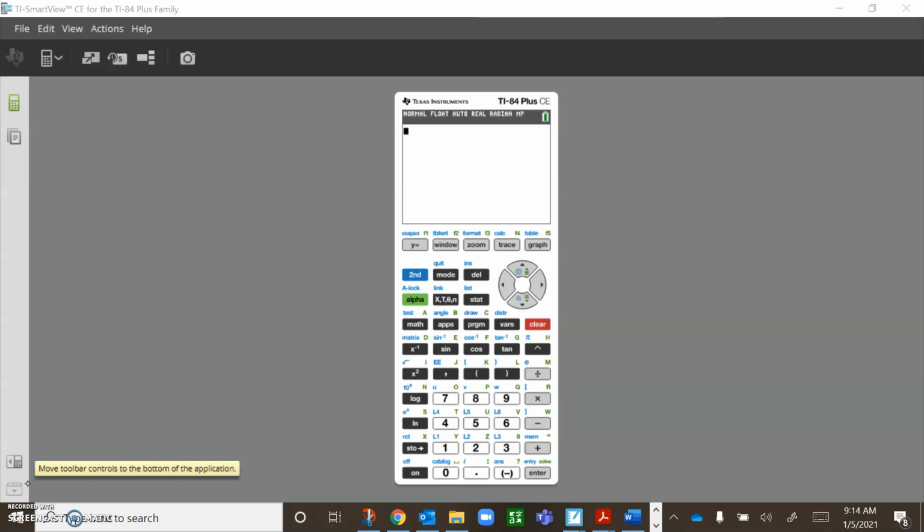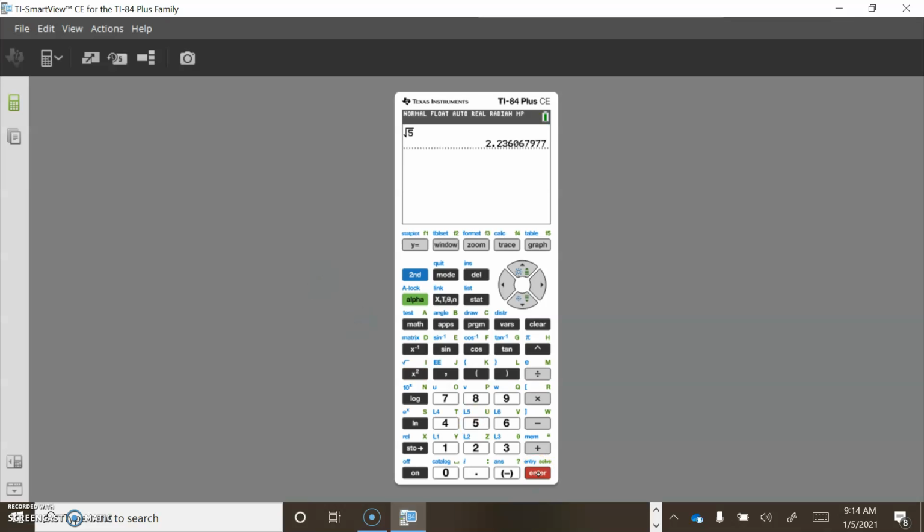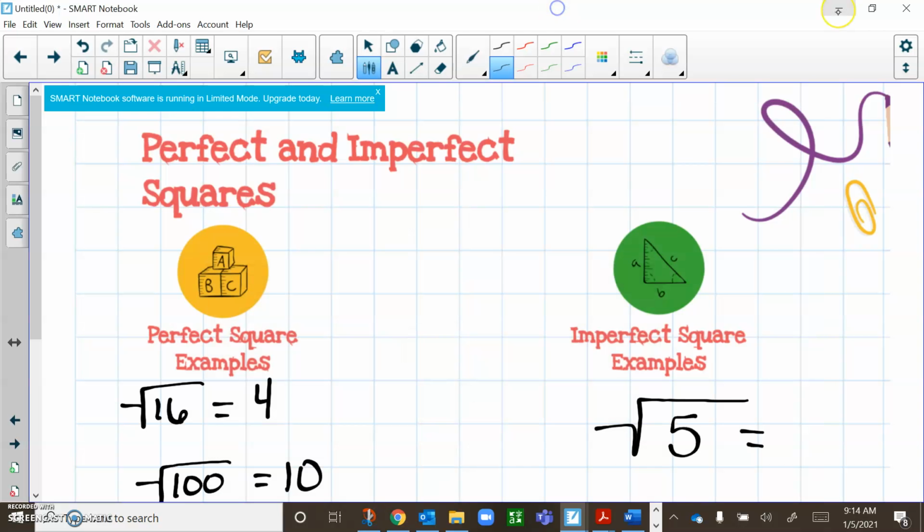Now, if I put the square root of 5 in my calculator, let's see. So in order to get the square root, I'm going to click the second button. And where you see x squared is you're going to press that because that's blue. So to get to any of the blue buttons, you press second first and then the button that's under it. And same thing for green. Okay, so the square root of 5, then enter. That's 2.24 approximately, right?